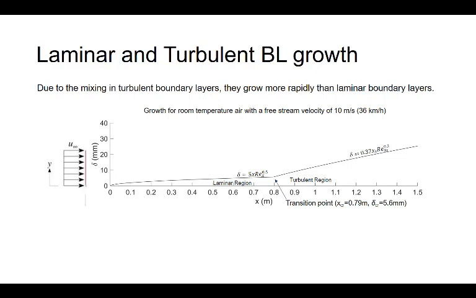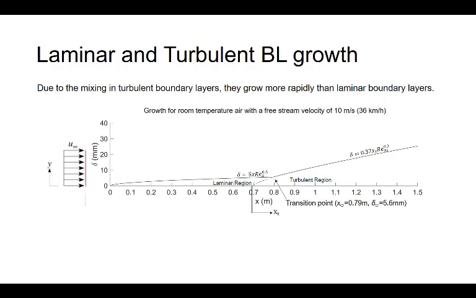In the turbulent region, we apply the turbulent boundary layer thickness approximation. Note here, however, that we must use a different length scale parameter, because this equation assumes that the turbulent boundary layer begins growing at x equals 0. This is not the case in a mixed boundary layer, where the boundary layer is initially laminar.